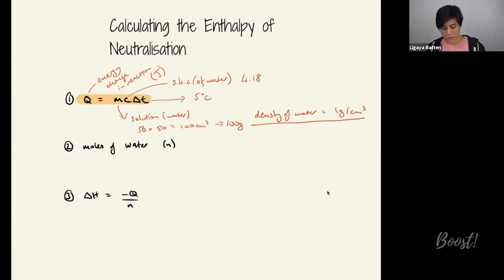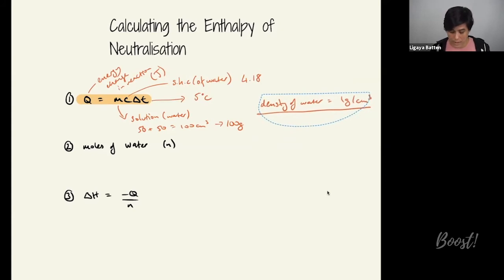Then you put all of these pieces of information into your calculation, and that gives you your value for Q. One thing to remember there is that the value is in joules, and that's important because of the next stage where we want to calculate the enthalpy change, which is in kilojoules per mole.